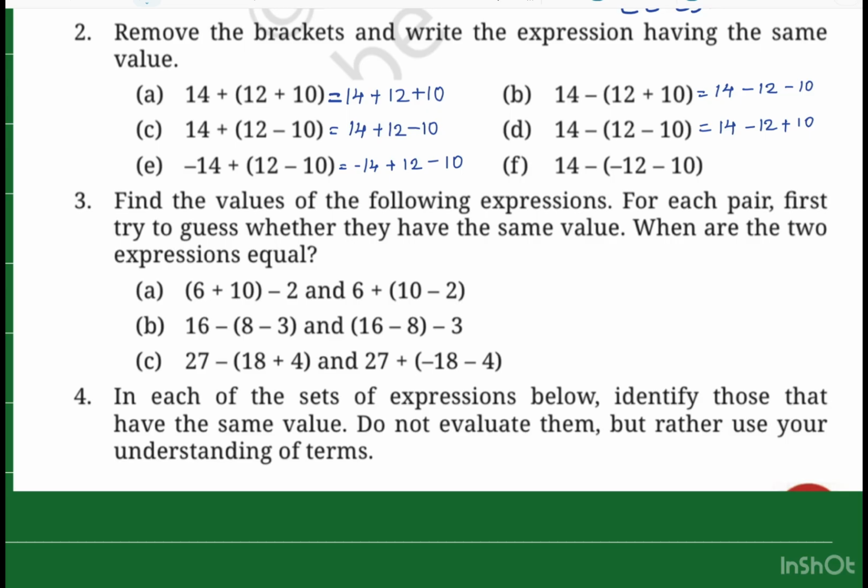Last question, 14 minus of minus 12 minus 10. There is a minus sign in front of the bracket, so it will change the signs of the terms. So the answer will be 14, minus 12 becomes plus 12 and minus 10 becomes plus 10.